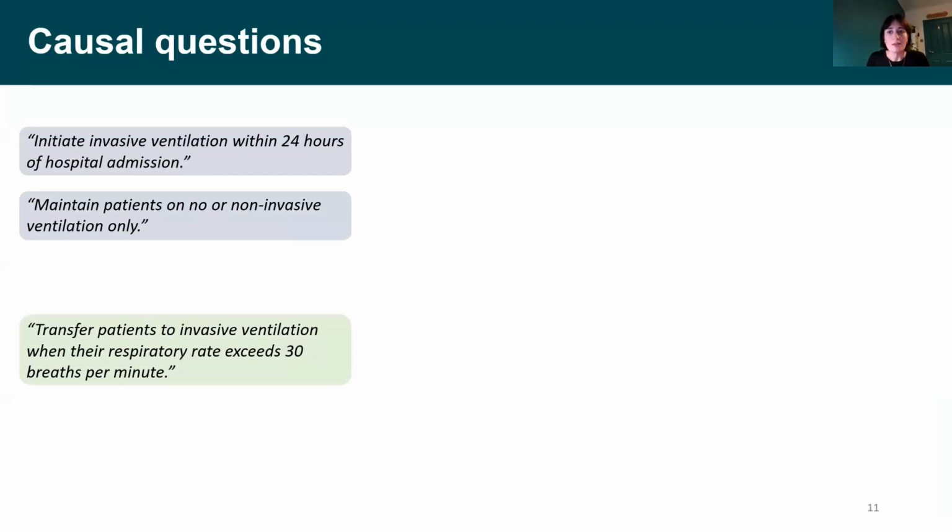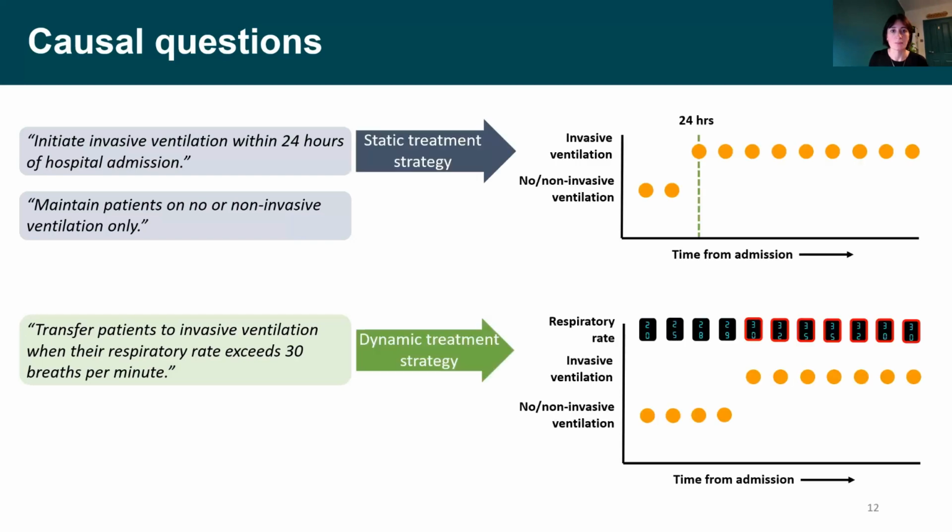So this question of when to initiate invasive ventilation can be expressed in terms of different treatment strategies. So, for example, we may wish to examine the effect of initiating invasive ventilation within 24 hours of hospital admission, compared with maintaining patients on no or non-invasive ventilation only. And alternatively, we may wish to examine the effect of transferring patients to invasive ventilation when a value of some underlying variable, such as respiratory rate, exceeds 30 breaths per minute.